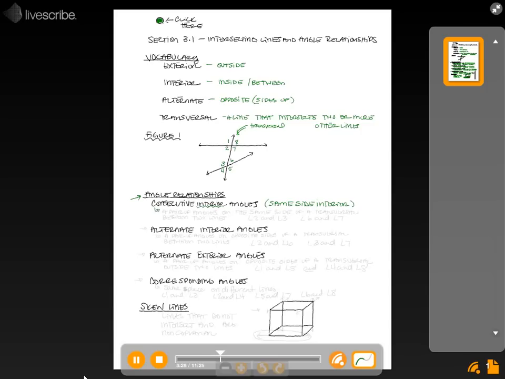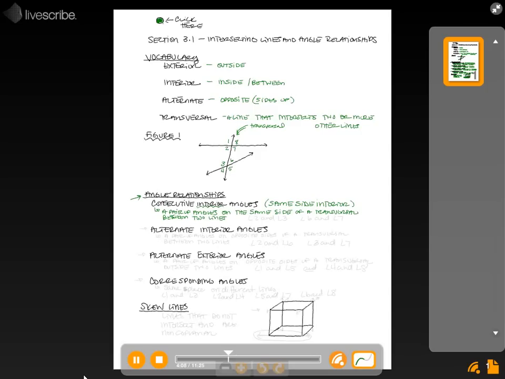What this angle relationship is, it's a pair of angles on the same side of a transversal inside or between, because we use those words interchangeably, that goes with interior, inside or between two lines.